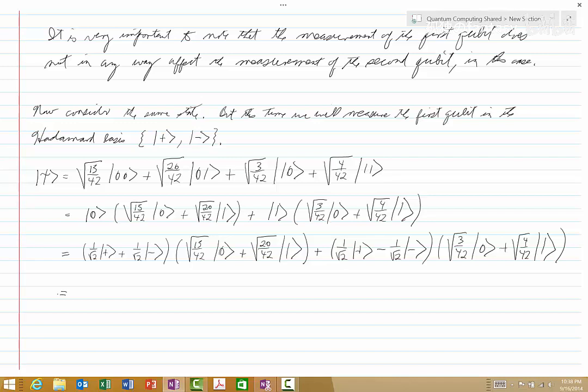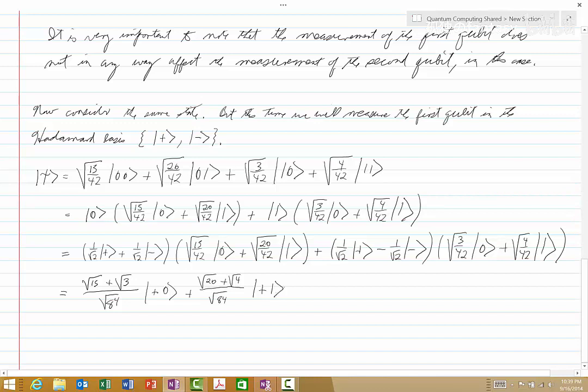We will get square root of 15 plus the square root of 3 over the square root of 84 times plus |0⟩, plus the square root of 20 plus the square root of 4 over the square root of 84 times plus |1⟩, plus square root of 15 minus the square root of 3 over the square root of 84 times minus |0⟩, plus the square root of 20 minus the square root of 4 over the square root of 84 times minus |1⟩.